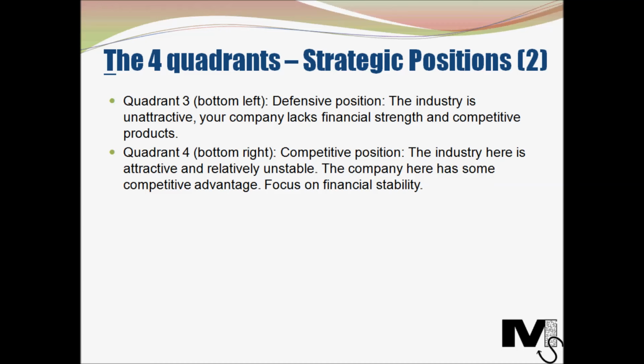Cash flow needs to be strengthened, and the company should look at increasing production efficiency and be more competitive. So, as you can see, whichever quadrant we end up in, we get a strategic option to take, and that is why the space analysis is quite precise, and it can give you a good indication of where you are in terms of strategy, where you are headed and where you should be heading.